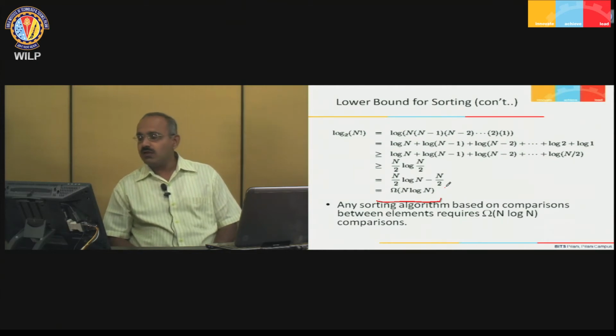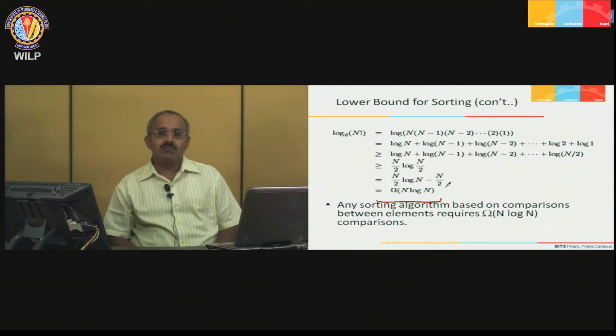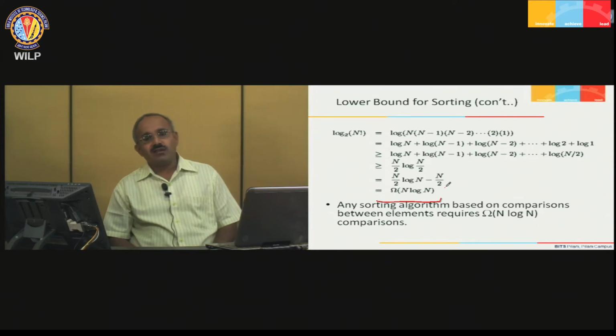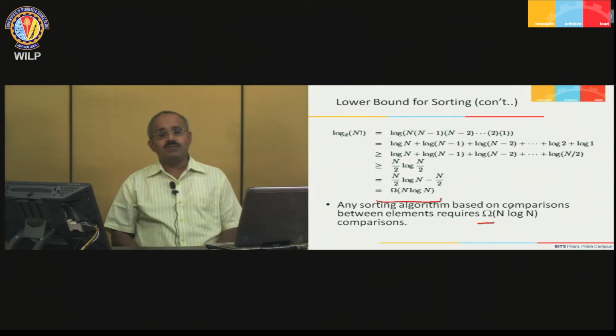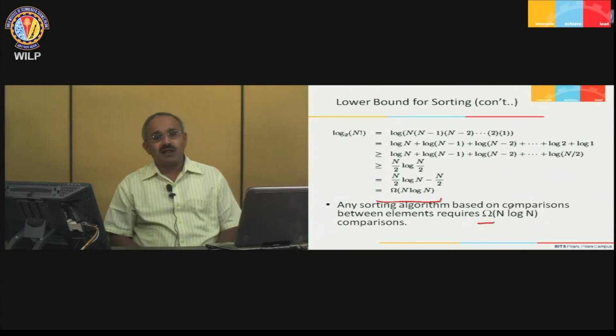That means any sorting algorithm based on comparisons requires at least n log n comparisons. That is represented by a notation called omega notation, which is used to show that the number of steps is at least n log n.